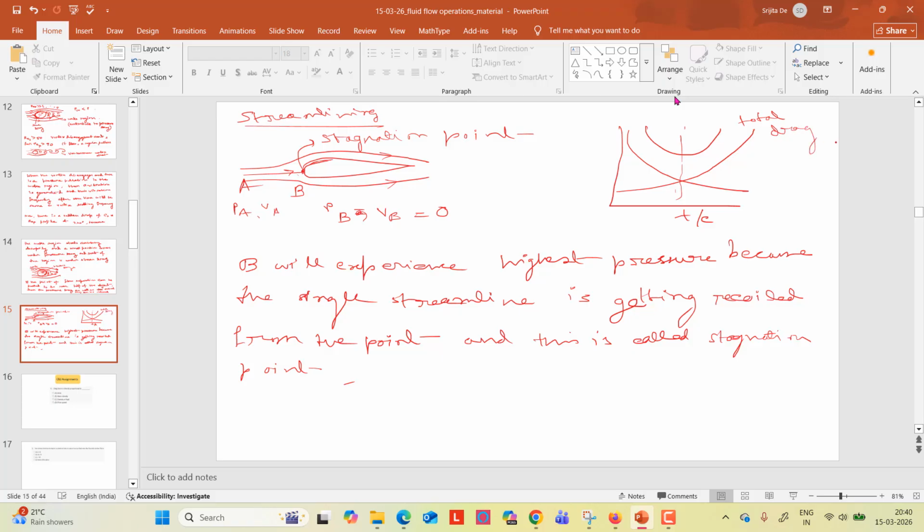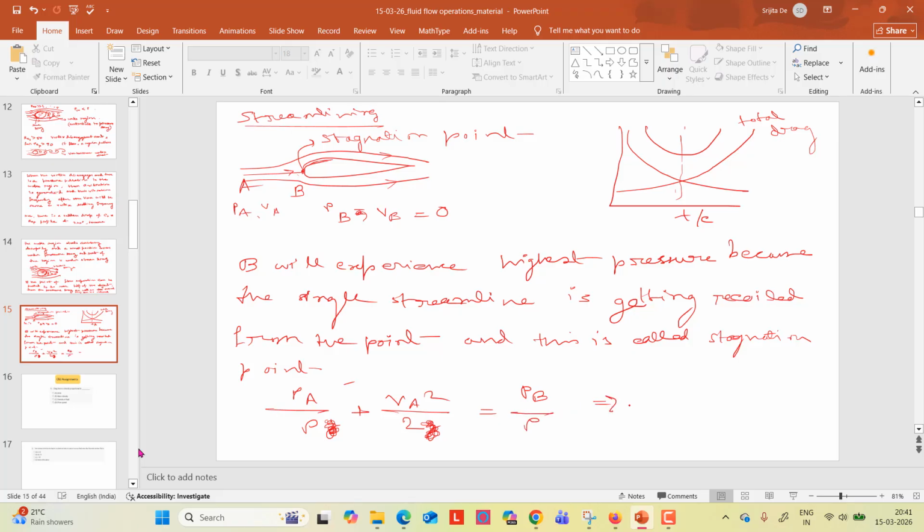And between A and B, if you apply Bernoulli's equation, what will come? It will be PA by rho plus VA square by 2 equals to, you can write g, you cannot write g, the unit will be different, but it is the same, equals to PB by rho, right? Because VB is 0 here.